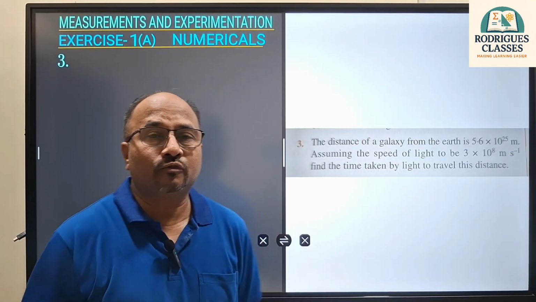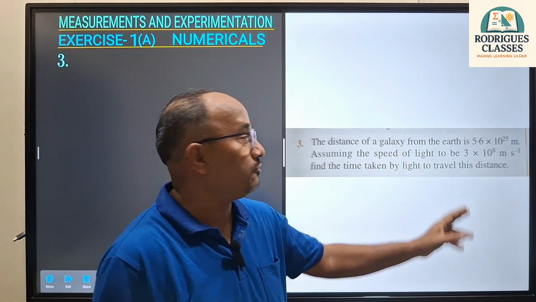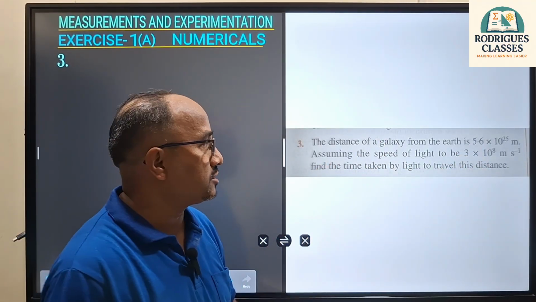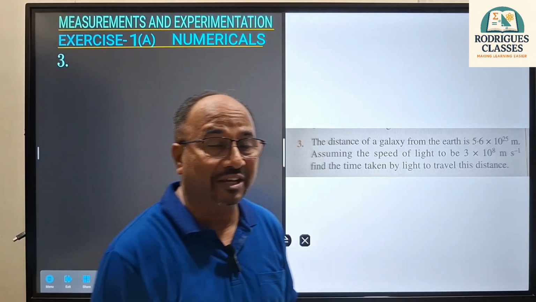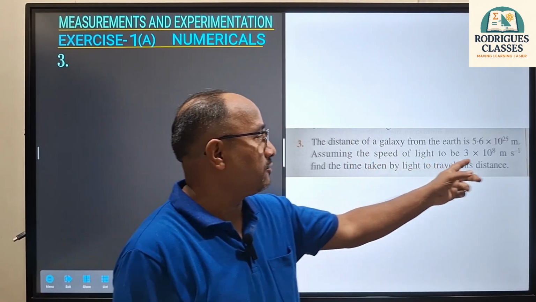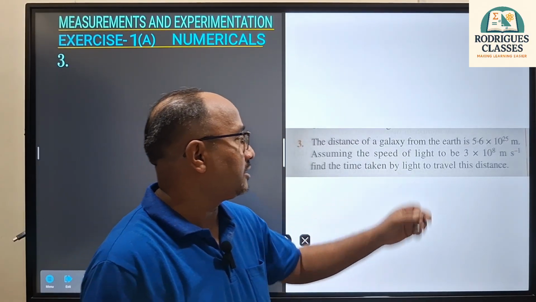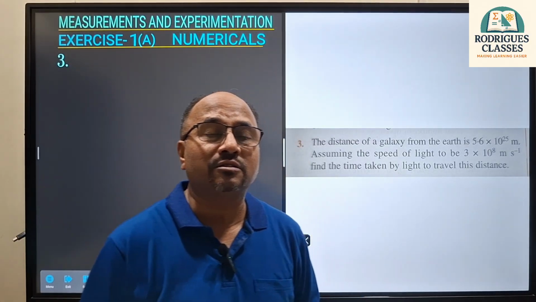So now let us move to this third numerical, which says the distance of a galaxy from the Earth is 5.6 into 10 to the power 25 meter. So that is the distance given to you. Assuming the speed of light to be 3 into 10 to the power 8 meter per second, find the time taken by light to travel this distance.